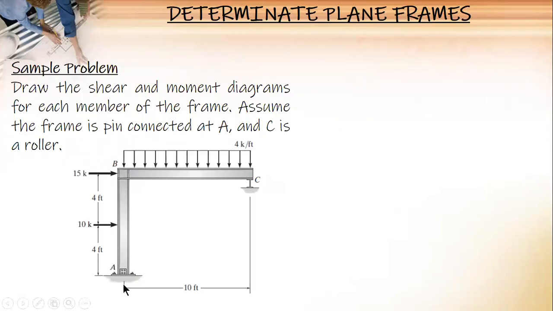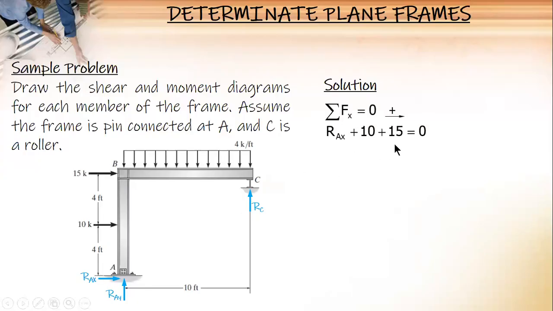Again, we'll start with reactions. RAX, RAY, and RC. You know, since the assumption is pin connected at A and C is a roller. So, solution, summation of forces along the horizontal or X, you have 3 minus 25, negative, therefore RAX is directed to the left.